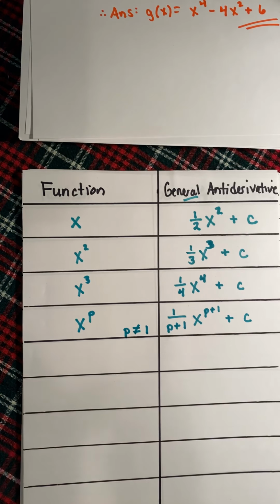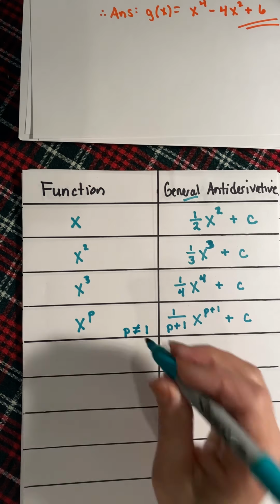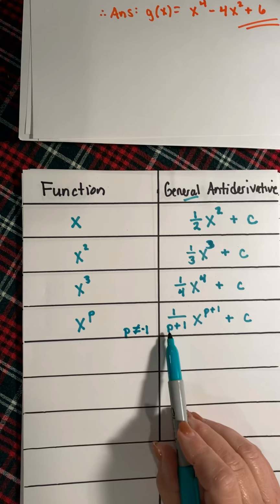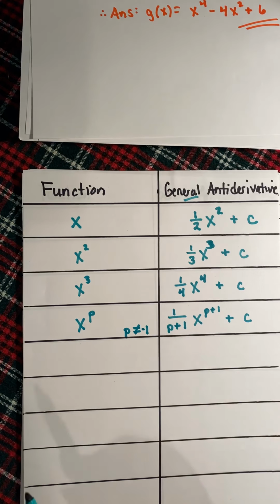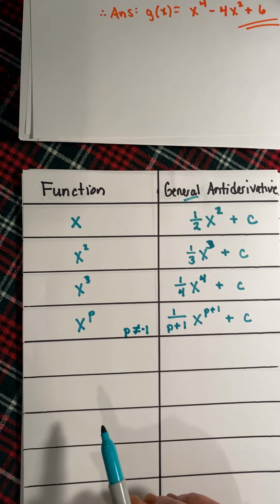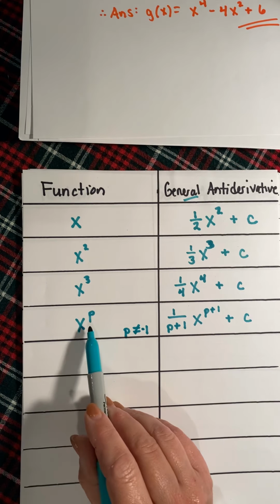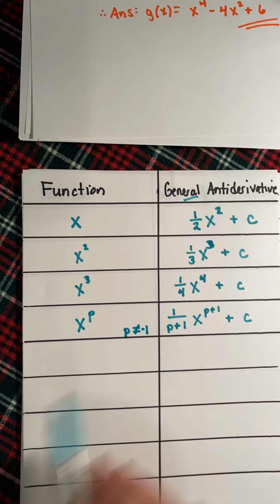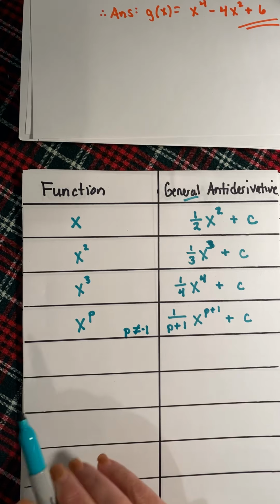Be careful: it doesn't equal -1, because 1 would work. We just did it up here. As long as it doesn't equal -1, because -1 would give us a denominator of 0, which we can't have. So for any power p, to find the antiderivative, we add 1 to the power and we multiply by the reciprocal power out front.